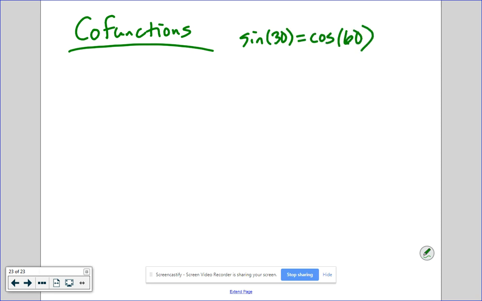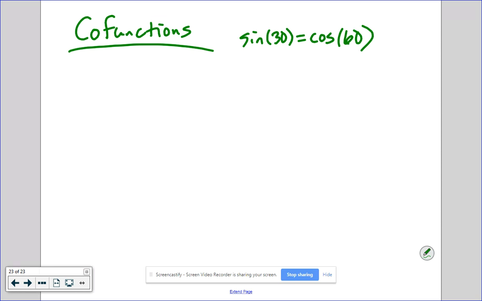The reason for that, and the reason we call it a cofunction, is 30 plus 60 is 90. Something is a cofunction when their values are the same within a 90-degree interval. That tells us those values mirror each other every 90 degrees.